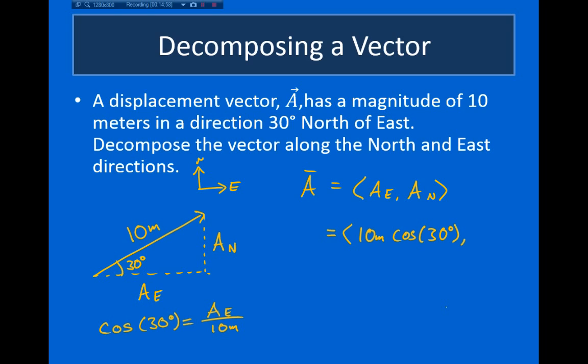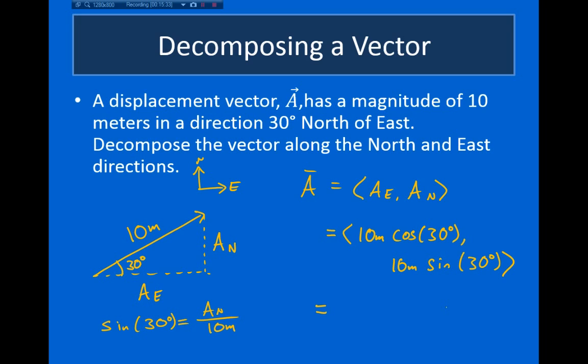30 degrees. Now if I want to find the north-south component, the north component is opposite the angle theta. I'm just going to erase this to give myself some room. Remember, opposite over hypotenuse is sine of theta. So sine of 30 degrees is equal to A sub N divided by 10 meters, so A sub N is 10 meters times sine of 30 degrees.